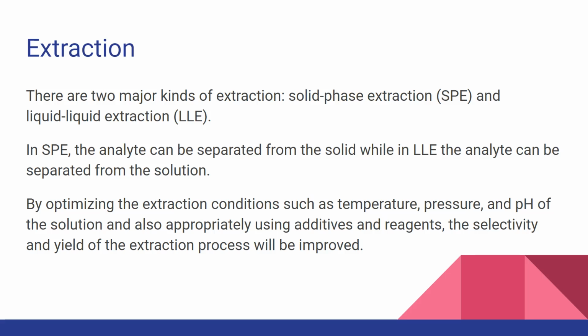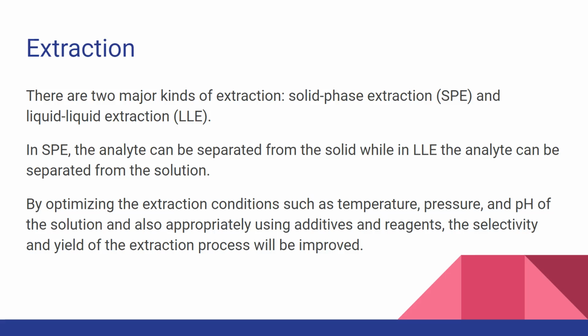Extraction technique. There are two major kinds of extraction: solid phase extraction and liquid extraction. In solid phase extraction, the analyte is separated from the solid, while in liquid extraction, the analyte is separated from the solution.